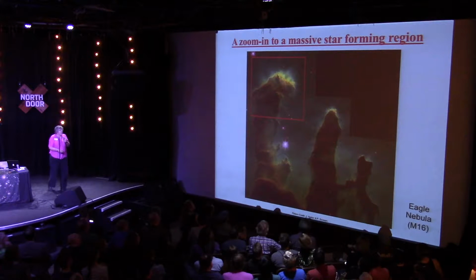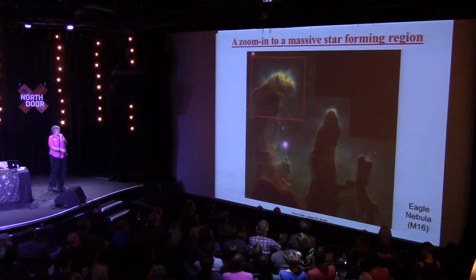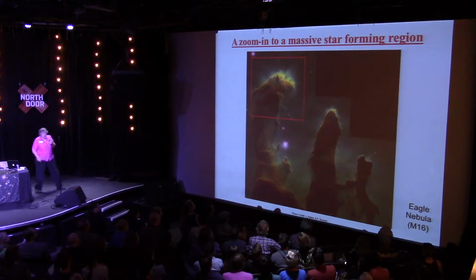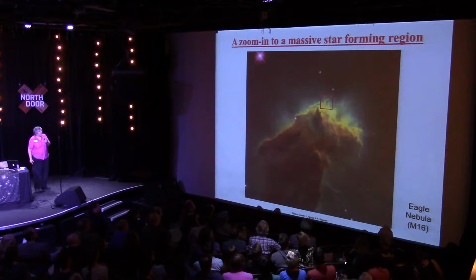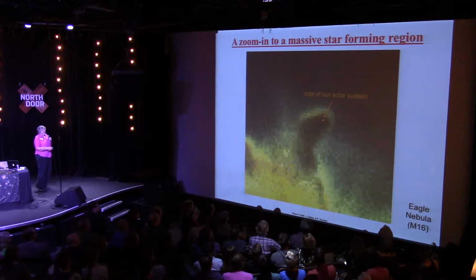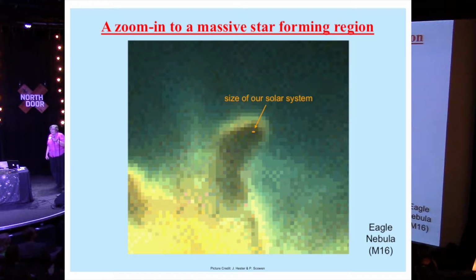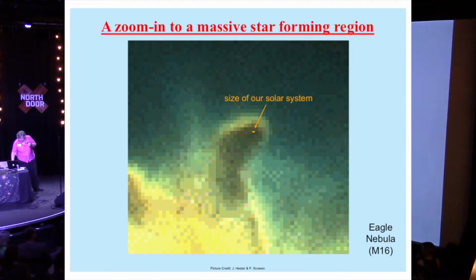It's also the Eagle Nebula, these beautiful structures that we saw with the Hubble Space Telescope, one of the most famous pictures they made. This is the WFPC, so it has this funny shape to it. If I keep zooming in, you see there's a little finger, and that is the size of our solar system in that finger. It's tiny compared to the size of the scale of things in our universe that you form suns out of.